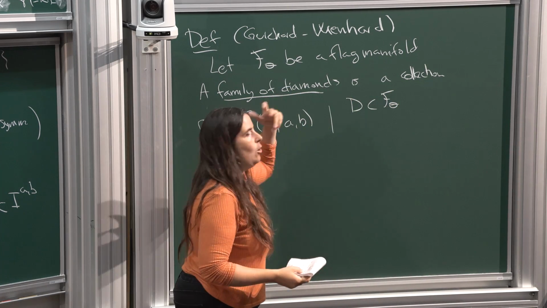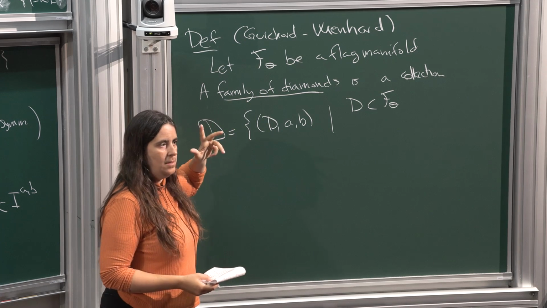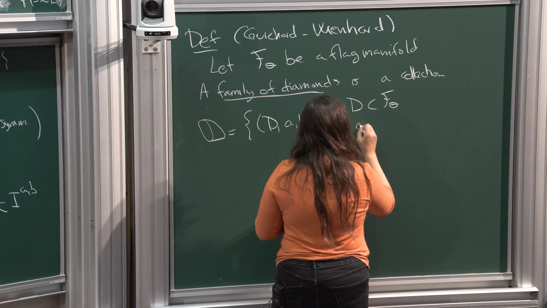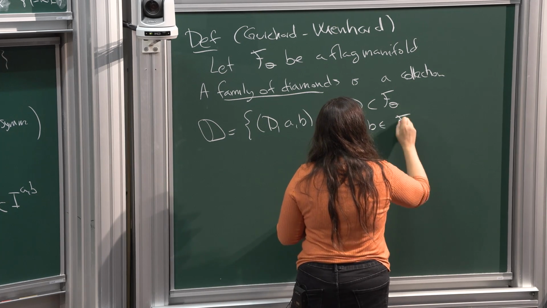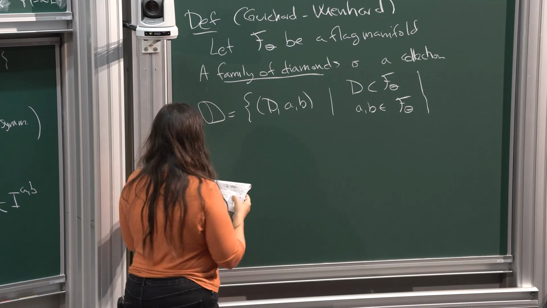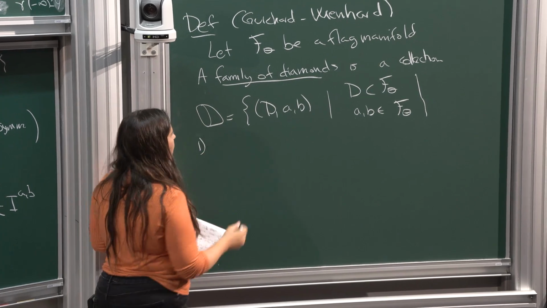Remember that I think of this F theta as some boundary of the symmetric space for some group G. And A and B are points in F theta that satisfy some axioms.